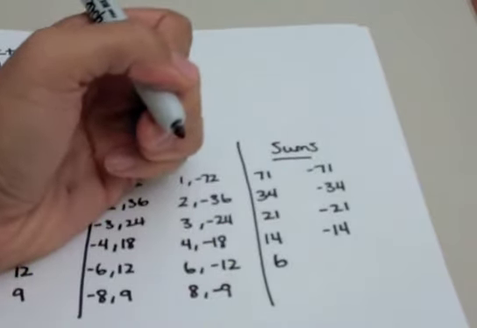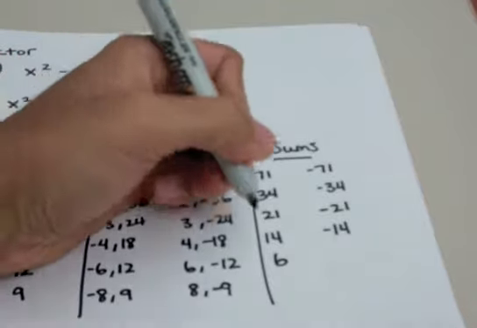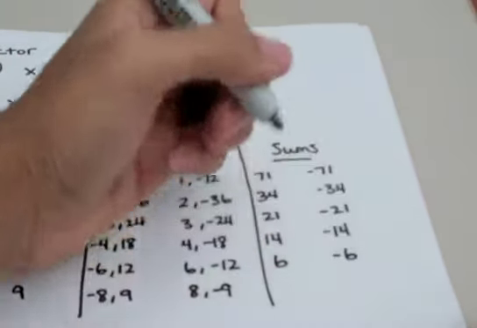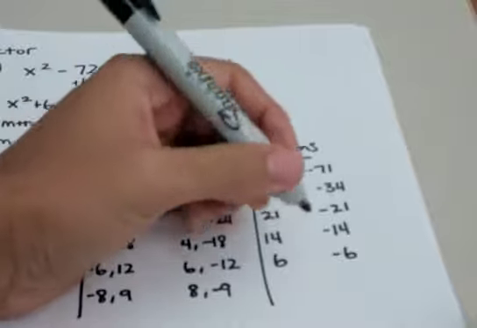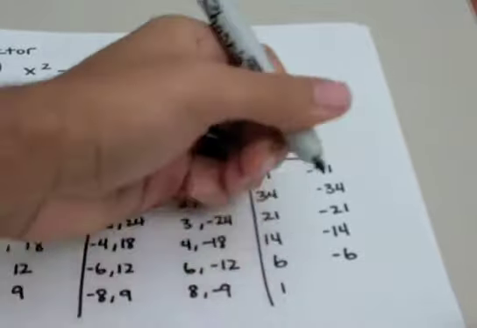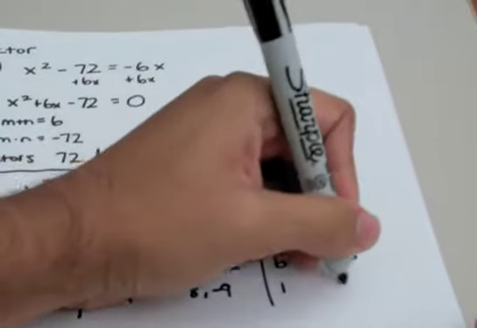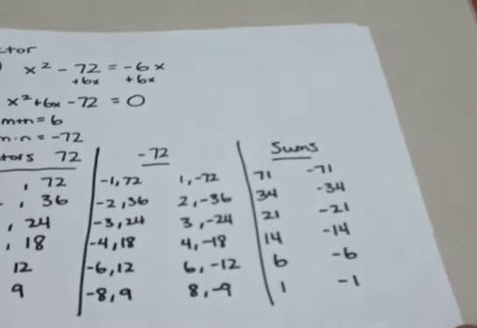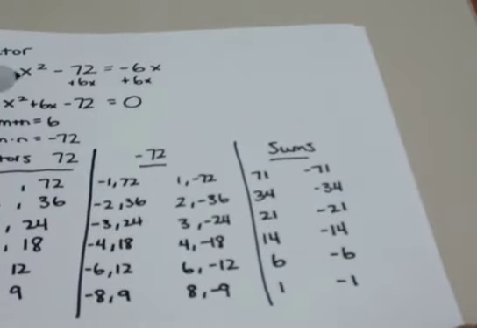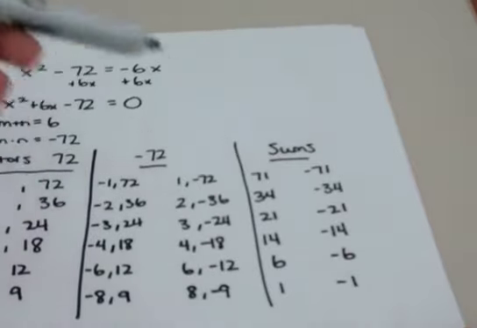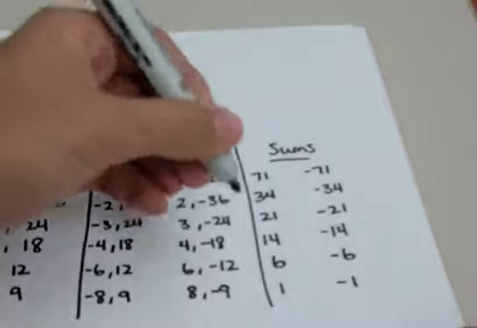And 6 plus negative 12 is going to be negative 6. Negative 8 plus 9 is going to be 1. And 8 plus negative 9 is going to be negative 1. So now I look back and I'm looking for two numbers that multiply to negative 72, so all these, and add to 6. And there's only one set here.